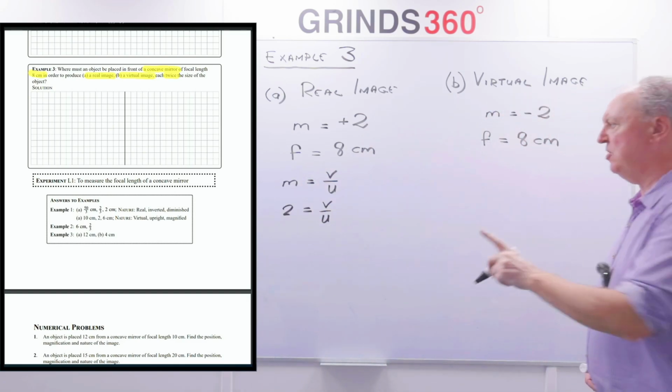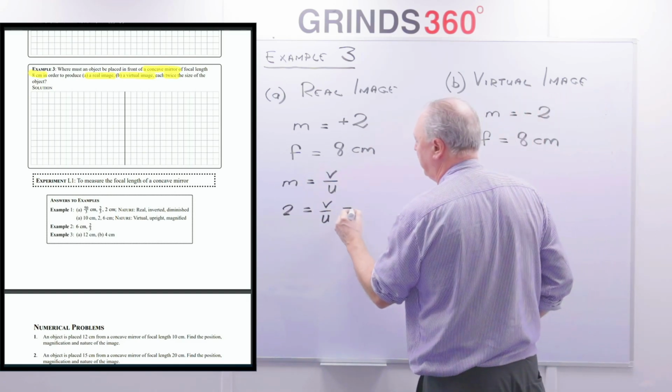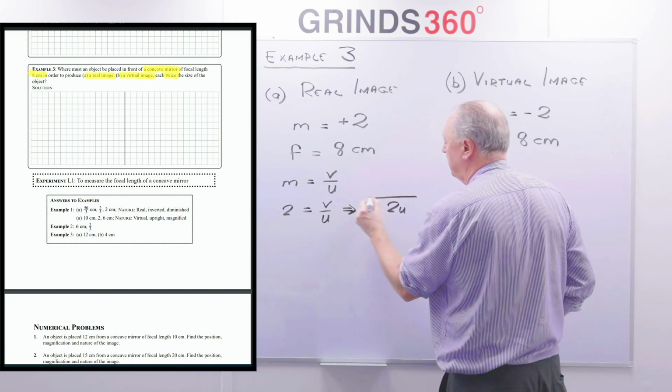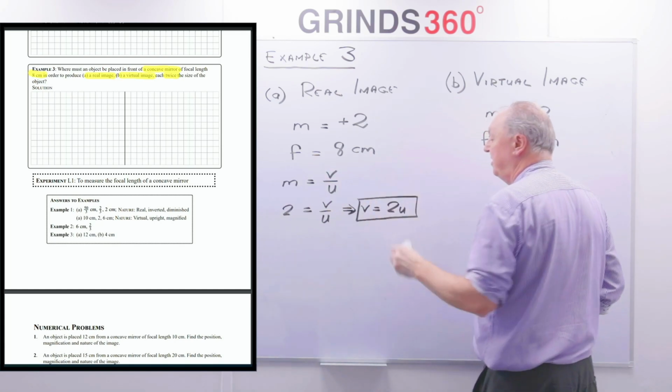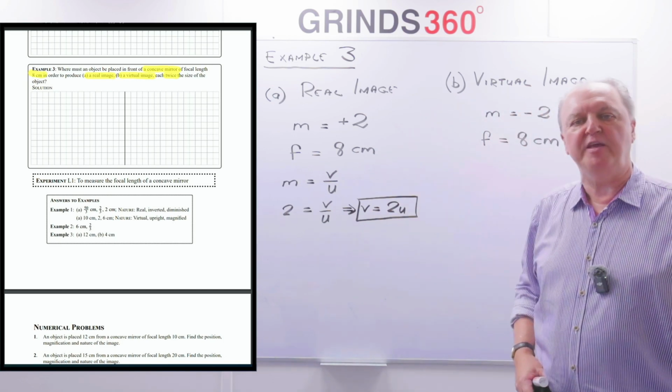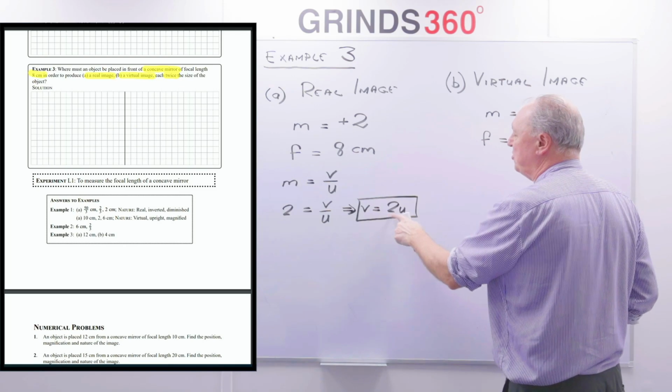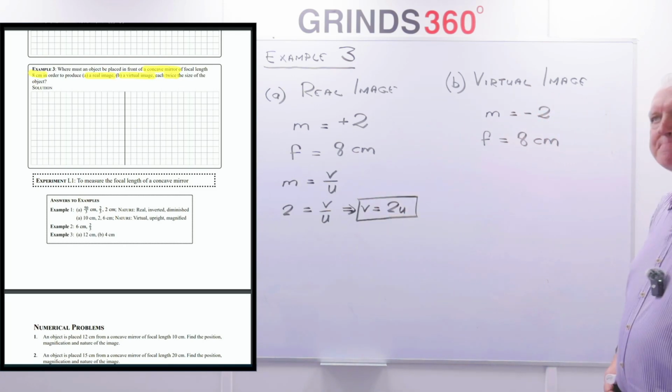Multiply both sides by u, and I get v is equal to 2u. Put a box around that. I don't know the value of u or v, but I do know the relationship between them. I know the image distance is twice the object distance.